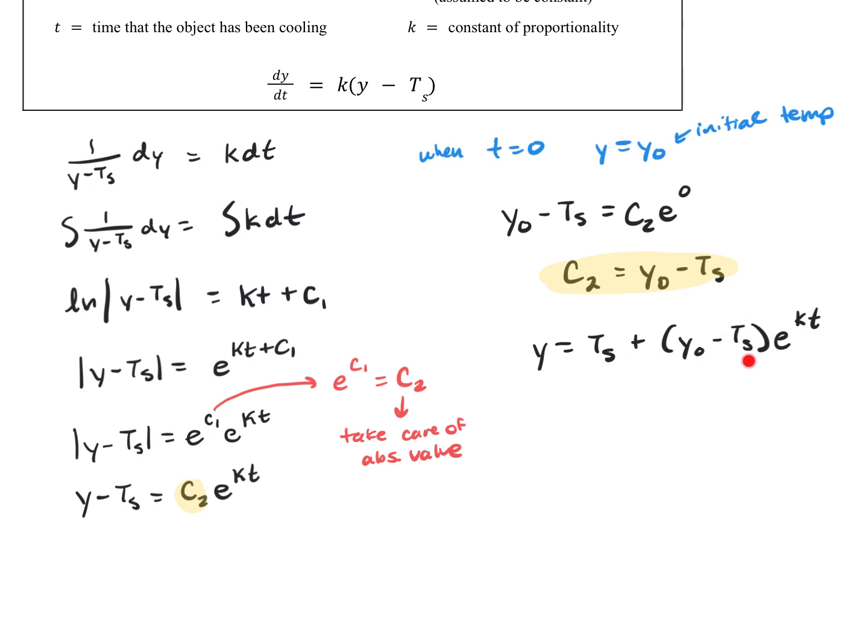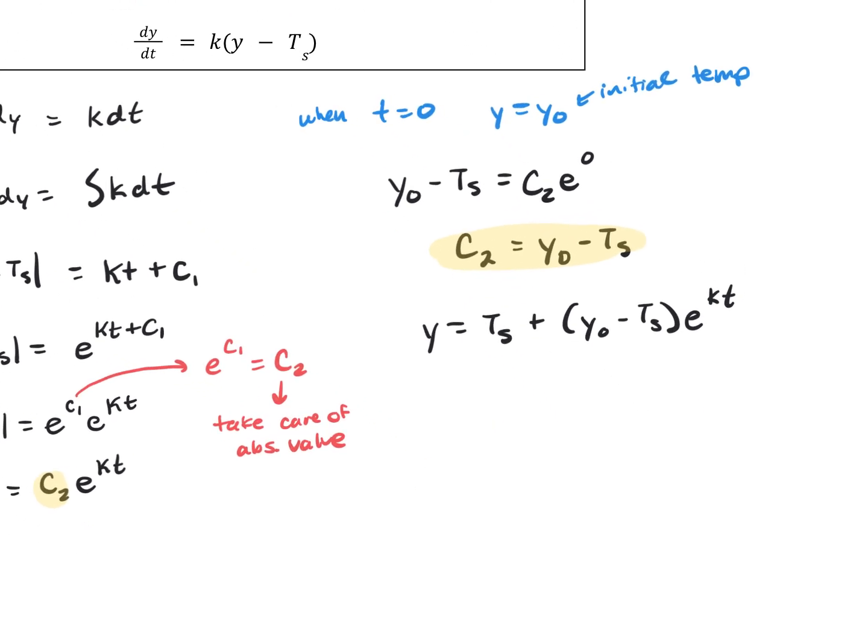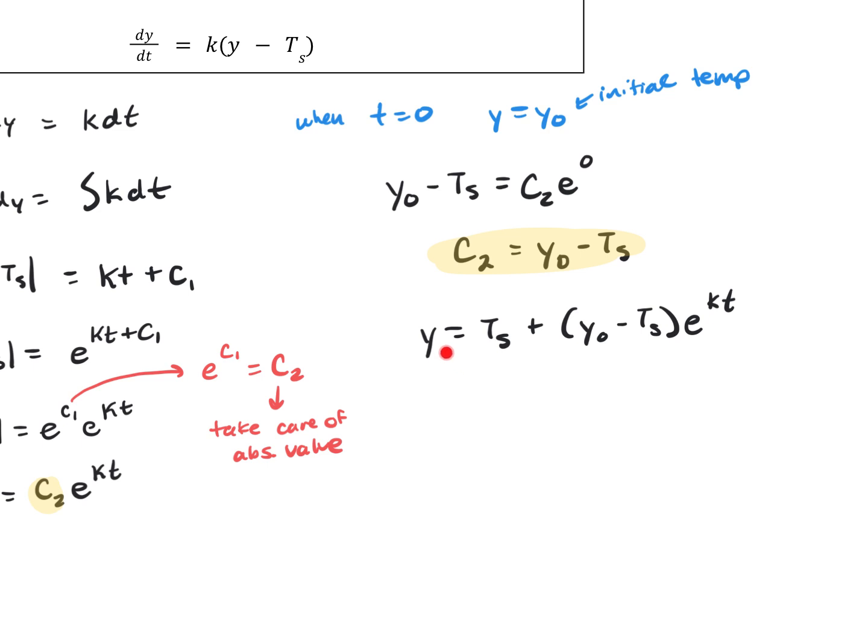So remember, t sub s is just a constant. That's just the surrounding temperature. y naught is our initial temperature. And k is going to be a constant of proportionality depending on what type of scenario we are working with. Now that we've finished solving for y, I'm just going to use some different variables. Instead of saying y for temperature, I'm going to replace it with T, and instead of y naught, I'm going to replace it with T naught.